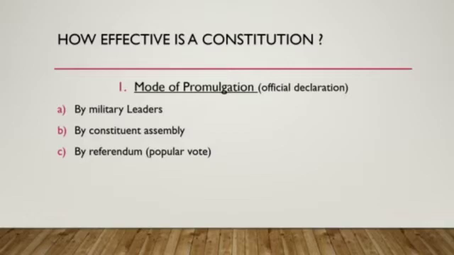And the second type of constitutions are constitutions made by the Constituent Assembly. In the world, the most successful constitutions are considered to be three constitutions. Firstly, Indian Constitution, South African Constitution, and Constitution of United States of America. These constitutions were created after a long popular national movement.